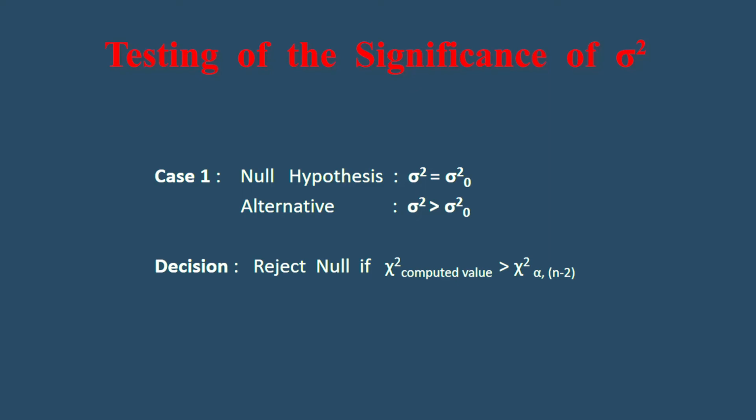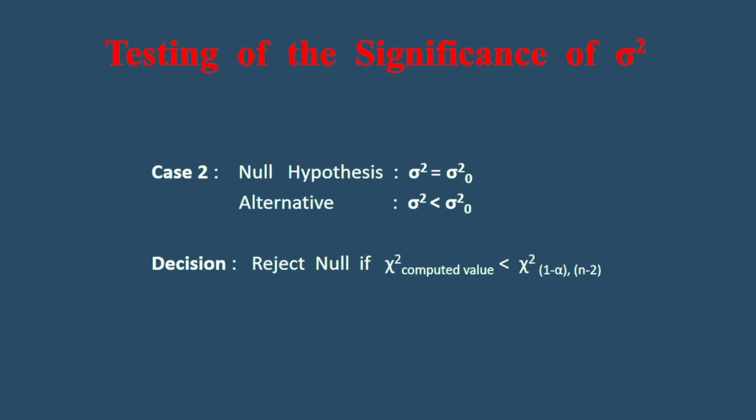We keep it alpha, comma, n minus 2, which is the degrees of freedom. If this is the decision rule, then we can reject the null hypothesis and accept the alternative hypothesis that the population variance is significantly different from the specified value, sigma square 0.